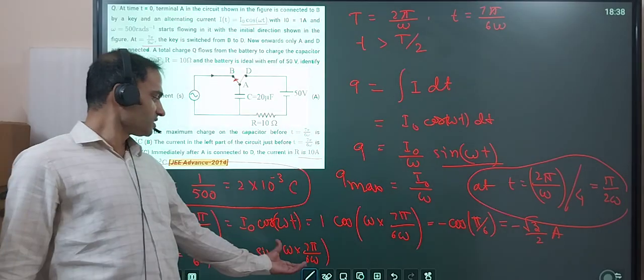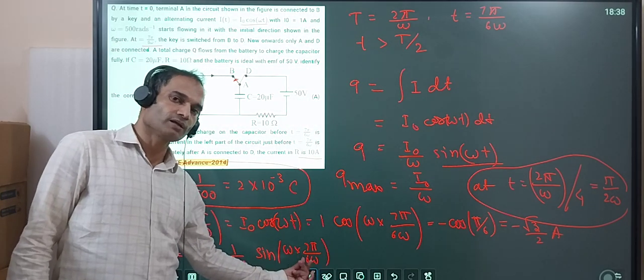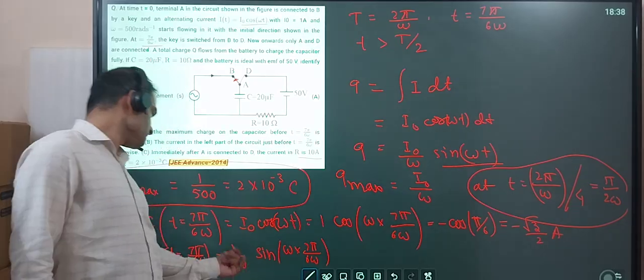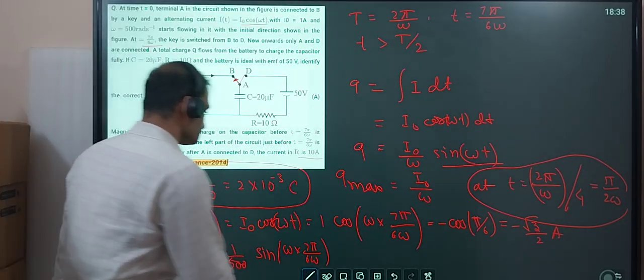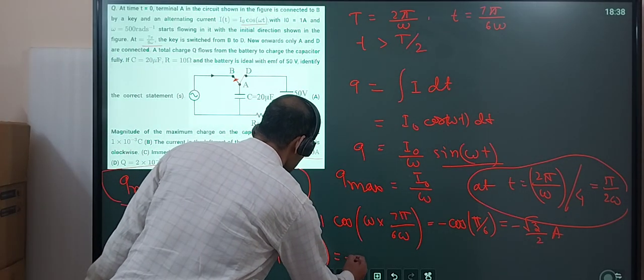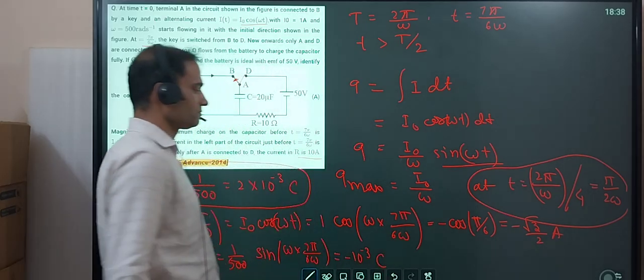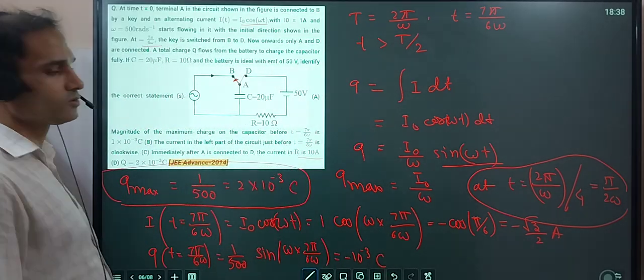So see, this will become minus 1 by 2. So this charge will become minus 10 to the power minus 3 coulomb.